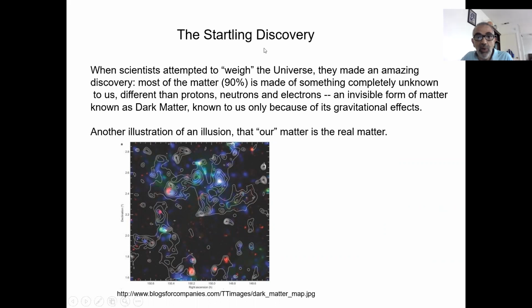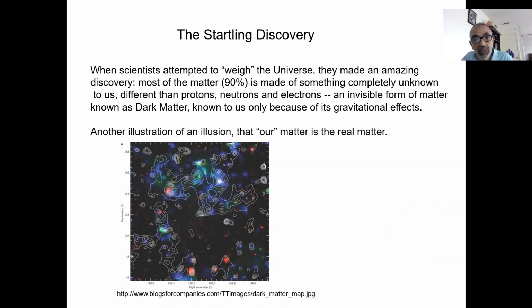And this is what I'm calling here the startling discovery, that when scientists attempted to weigh the universe, they made an amazing discovery. You and I, and everything we know, all of the stars we see, all of the interstellar gas, is made of ordinary matter. Matter that is made up of neutrons, protons, and electrons.